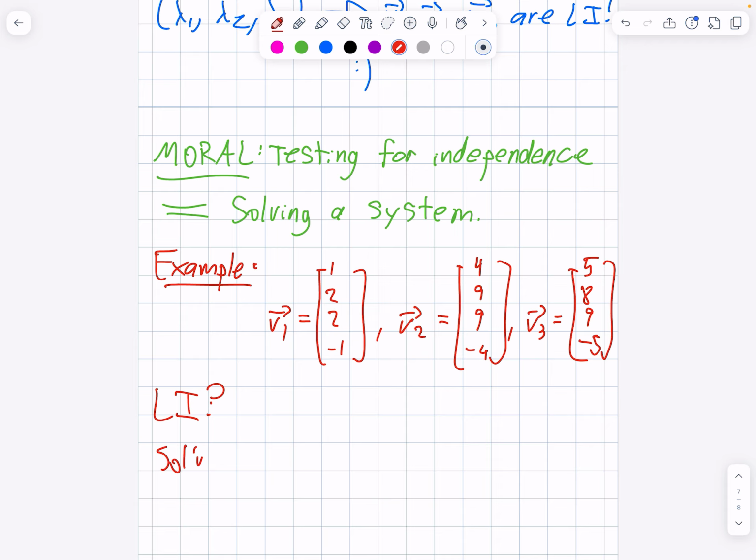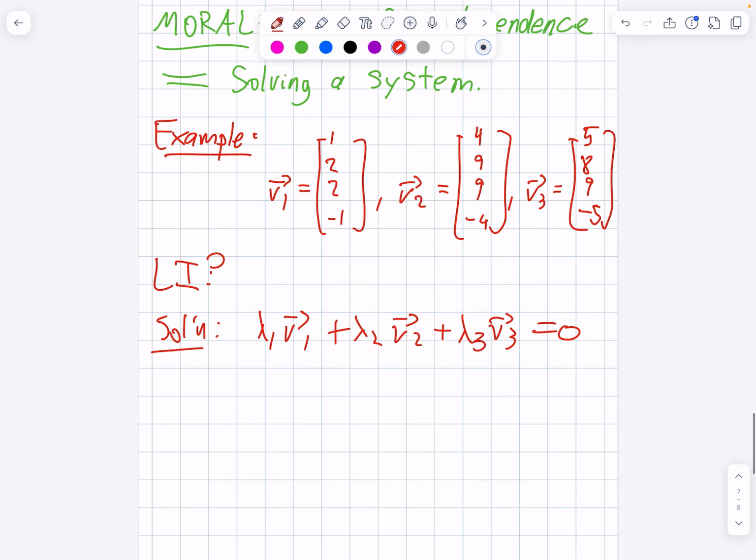Here's how we solve it. Again, just set up your equation: lambda 1 v1 plus lambda 2 v2 plus lambda 3 v3 equals 0. This is the linear dependence equation. Turn this into a system.